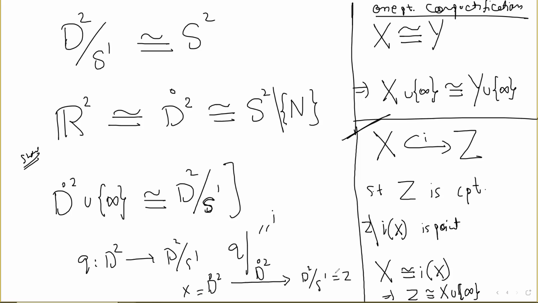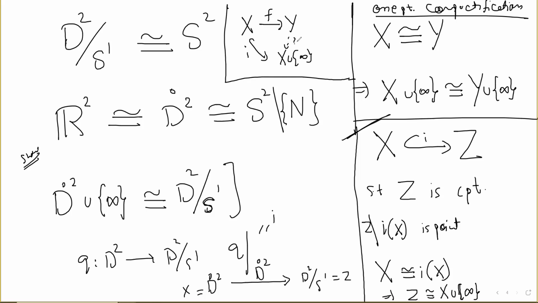That's the same thing. But there is one point to make: you can also try to prove this. Basically, f is a map from X to Y. Let's say there is this map, there is this one point compactification, and there is this inclusion map.